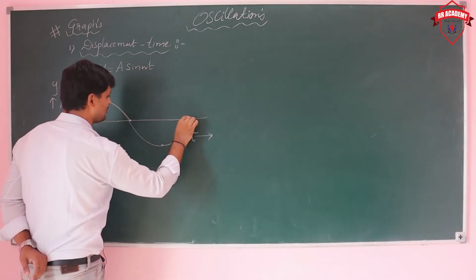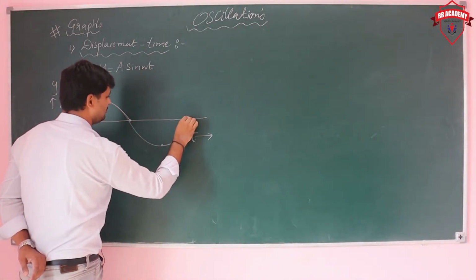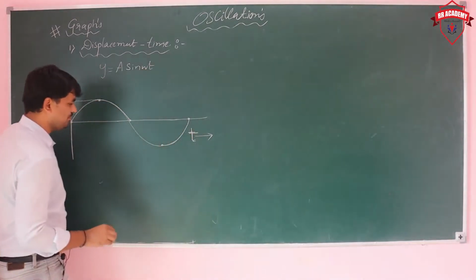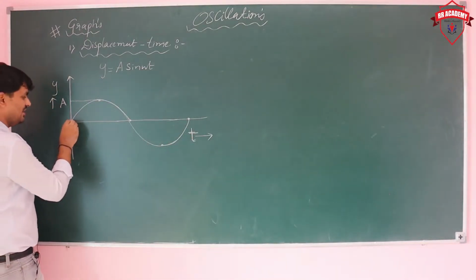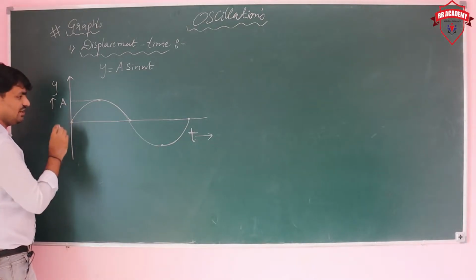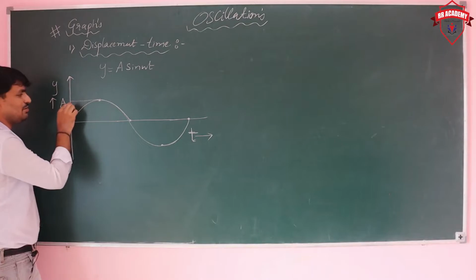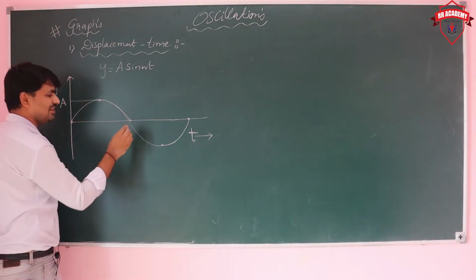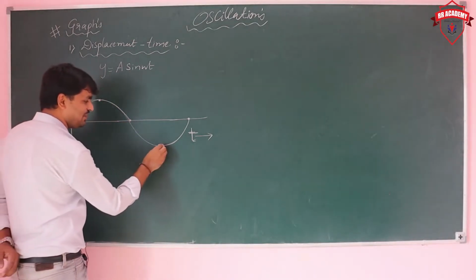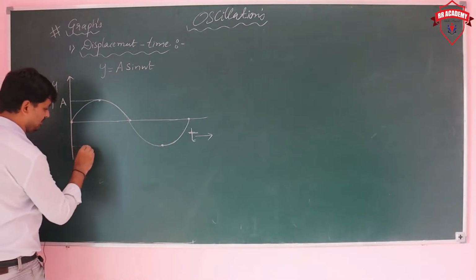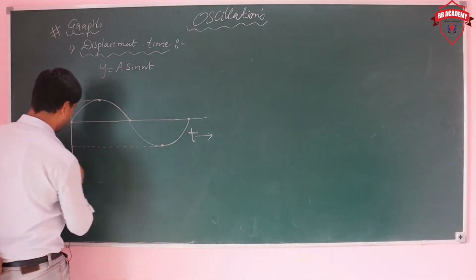And again extreme or mean position. If you are taking it as mean position, displacement is 0. And at extreme position, maximum amplitude. Mean position, displacement 0. Amplitude maximum, but in which direction? In the opposite direction.